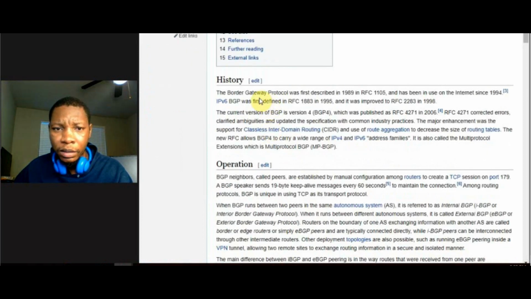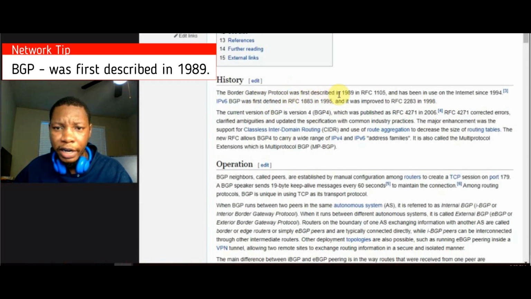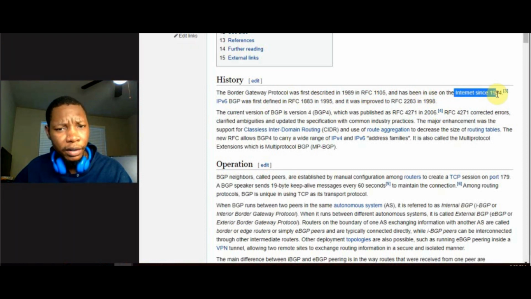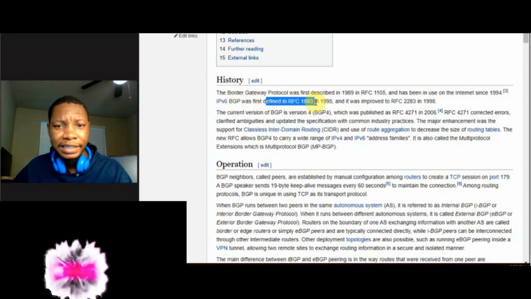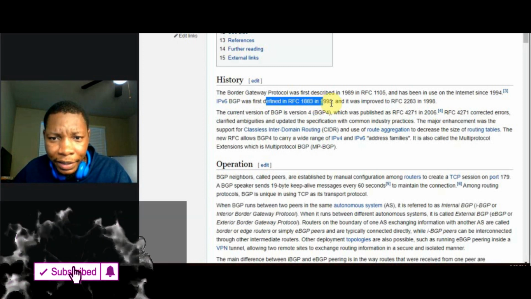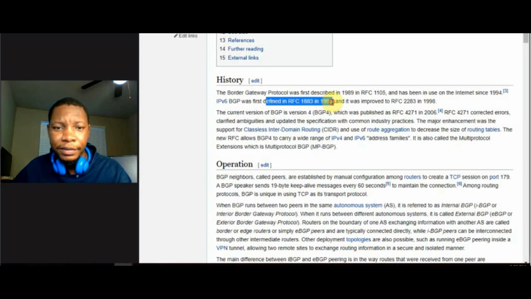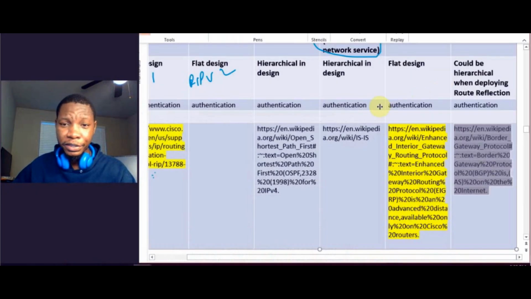Its history: Border Gateway Protocol was first described in 1989 and has been in use on the internet since 1994. IPv6 BGP was first defined in 1995. So that's the history of BGP. This is awesome. This is great information.